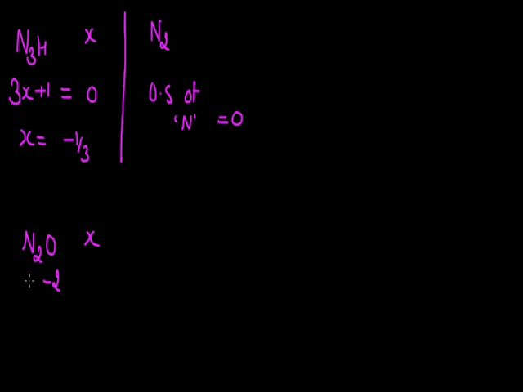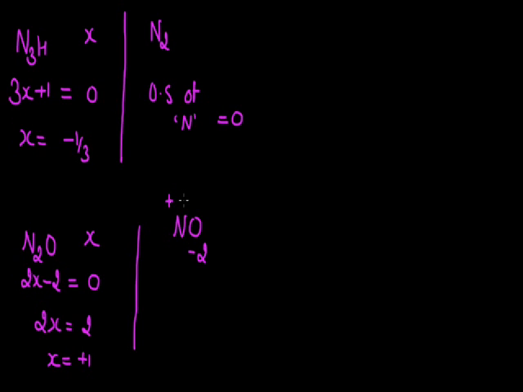Since 2 nitrogen atoms are there, the value will be 2x minus 2, and the total sum of these two will be 0. On solving, we get 2x equals 2, and from here the value of x is +1. If I go for the next compound, nitric oxide, oxygen is showing -2 oxidation state. To make the compound neutral, nitrogen's oxidation state will be +2.